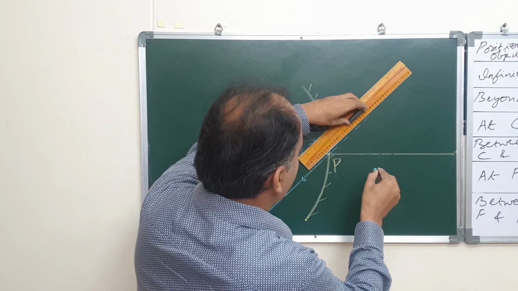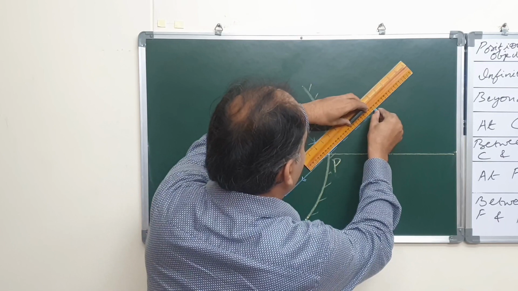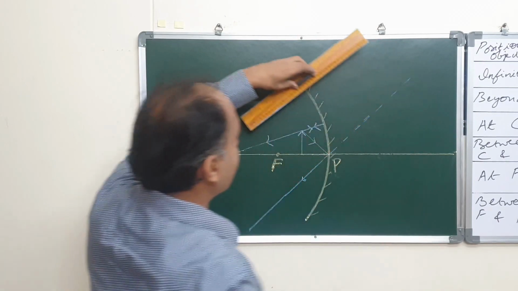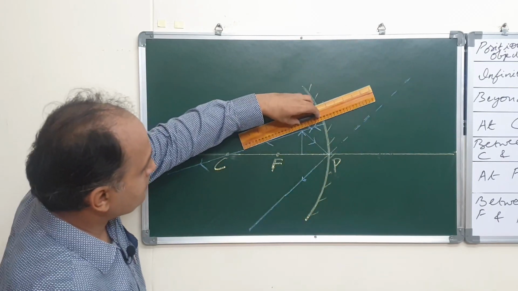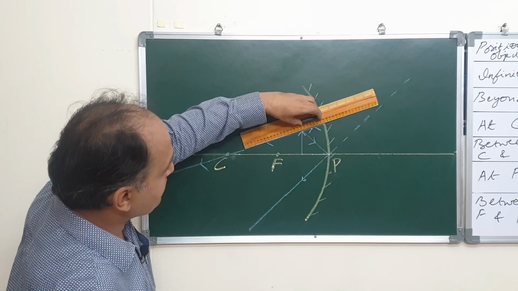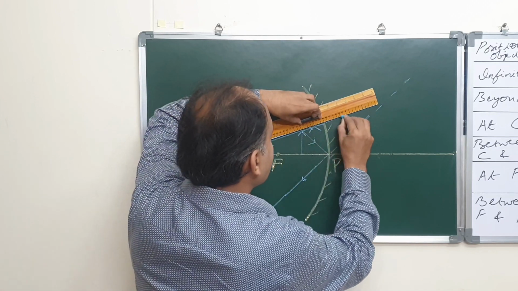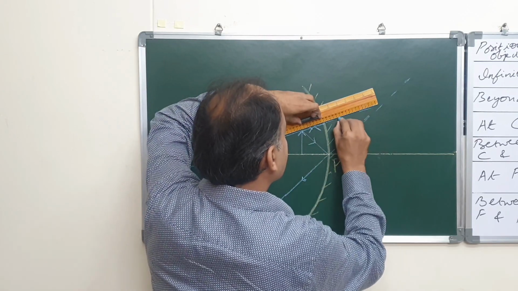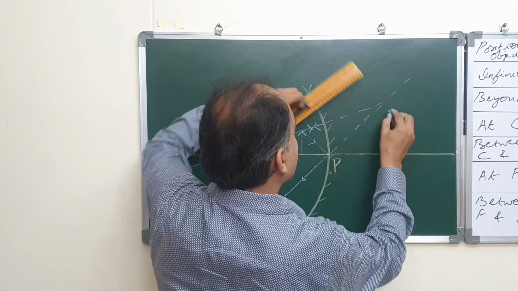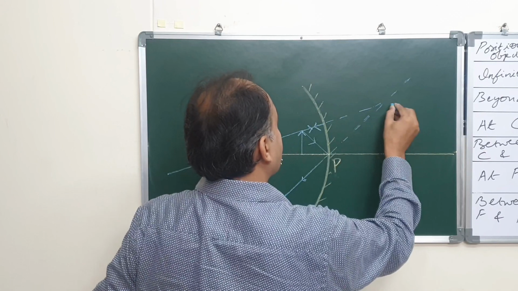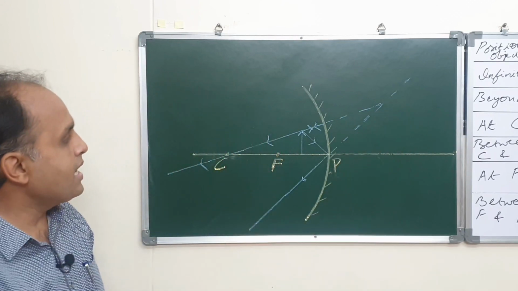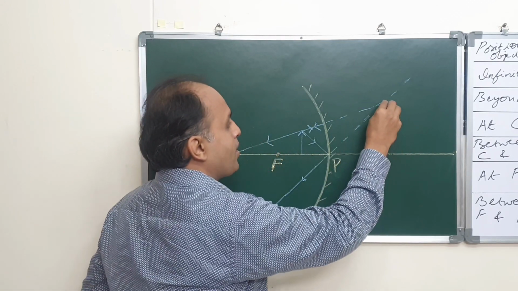Since these are not the actual rays, I am drawing a dotted line over here. Now this one as well, we shall extend backwards. So they are appearing to diverge from this point over here.